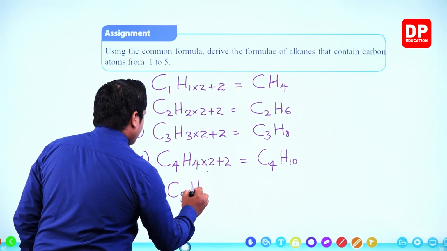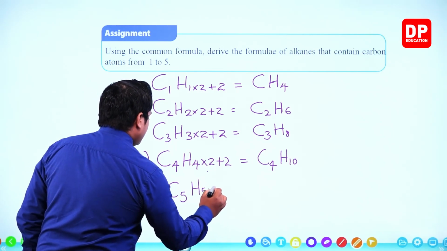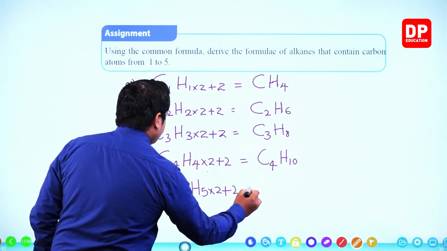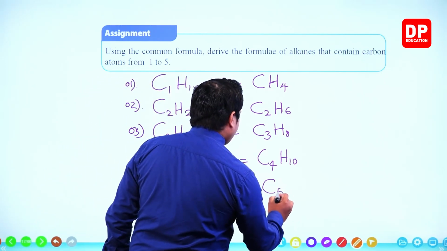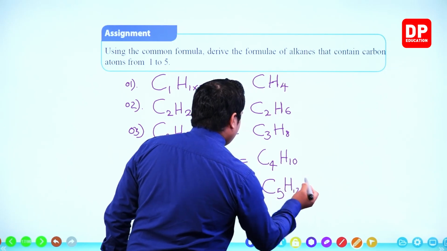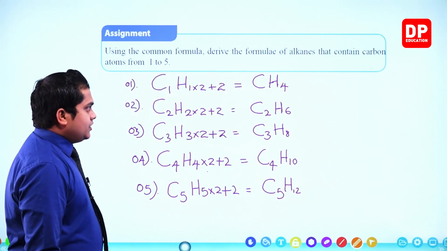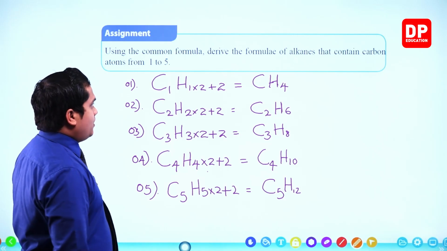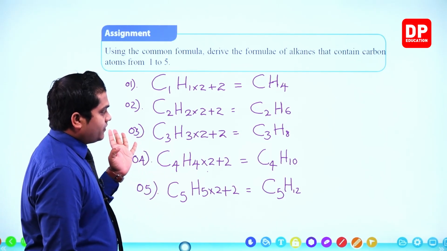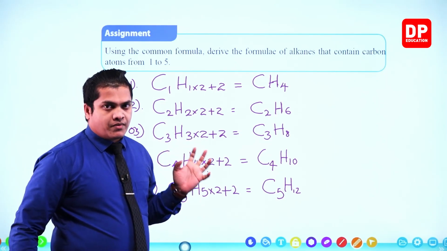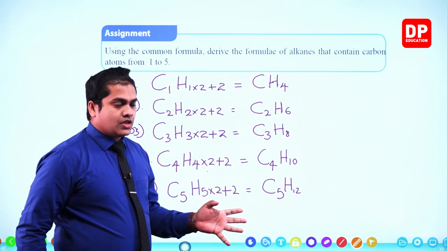Hydrogen is equal to 5 times 2 plus 2. So, 10 plus 2 is equal to 12. Carbon 5, hydrogen 12. So, these are the chemical formulae of the alkanes from carbon 1 to 5.